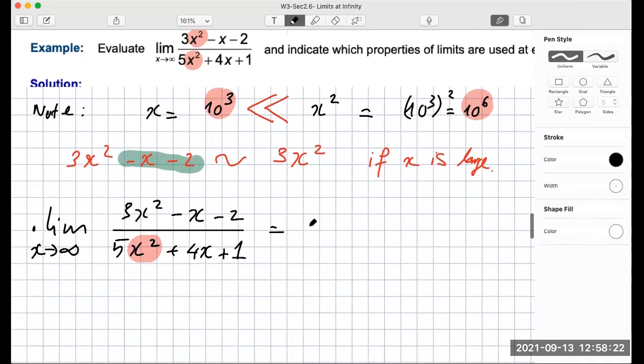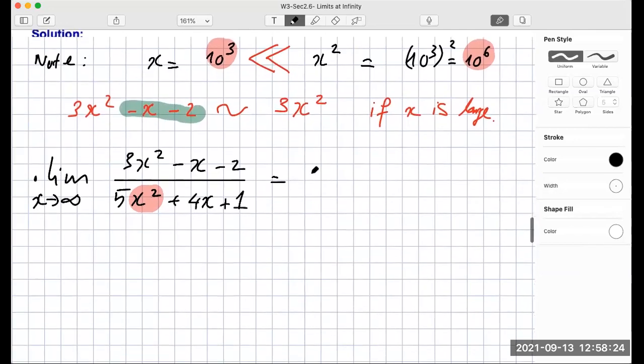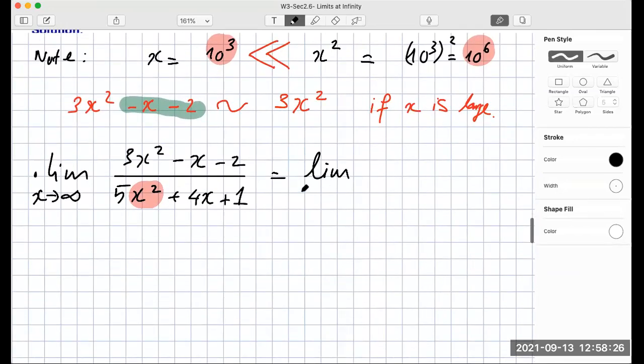Therefore, we can write it as the limit when x approaches infinity of the numerator divided by what?